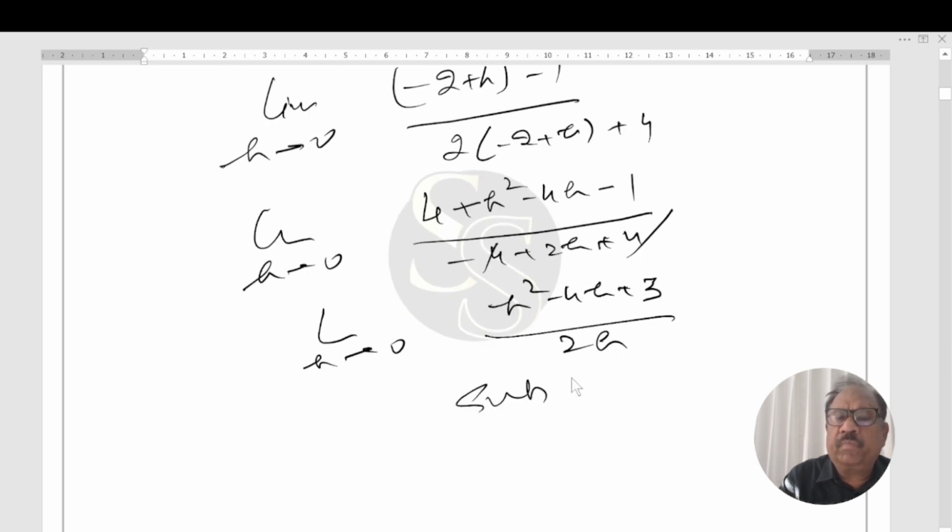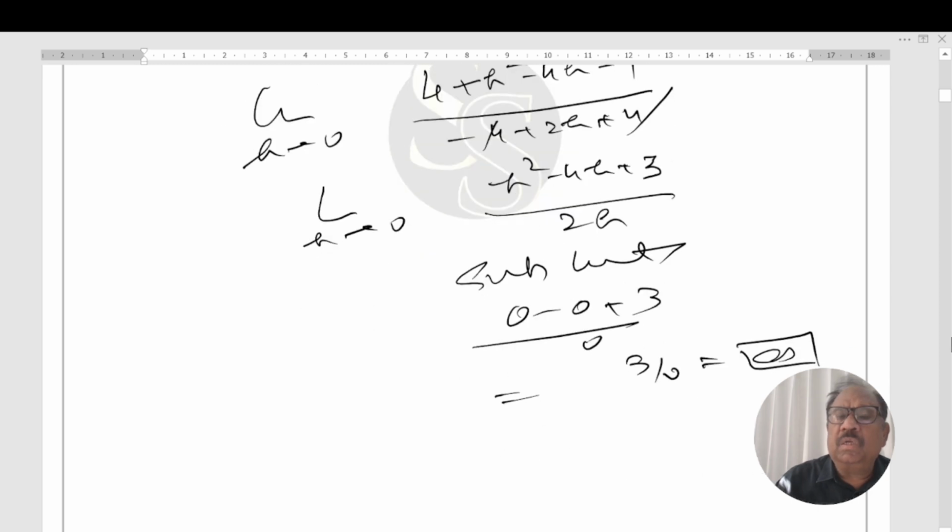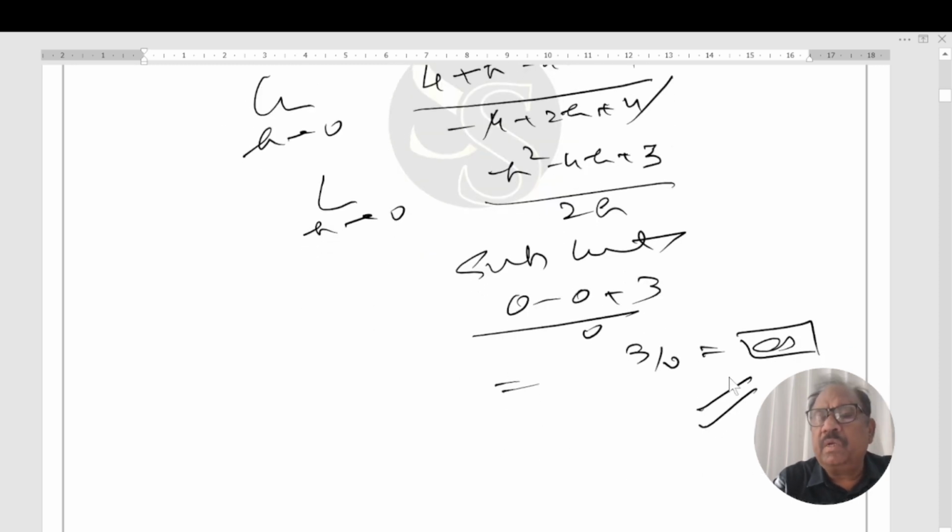Substituting limits, we get (0 minus 0 plus 3) upon 0, that is 3 upon 0, that is infinity. So the answer is infinity. Right? Next question.